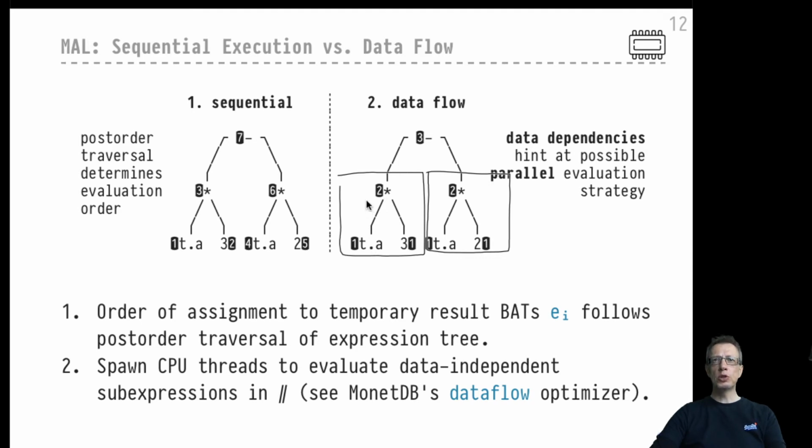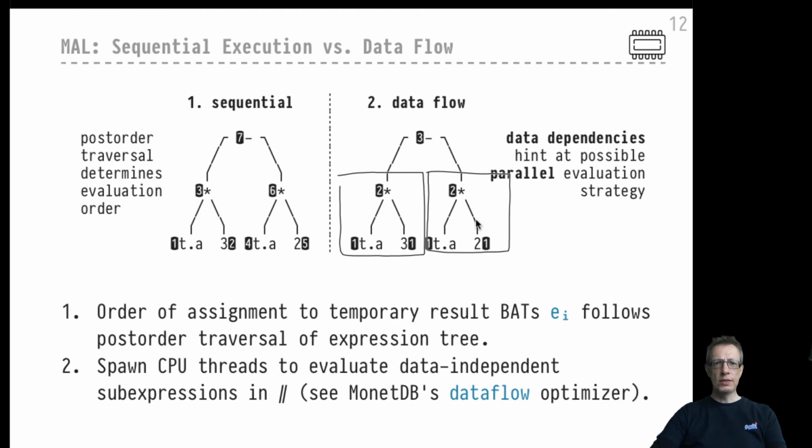So there is substantial work to be done inside this box, and it would really make sense to spawn a particular thread to have one core of our CPU focused on the evaluation of this subtree. The same is, of course, true for the right-hand side subtree.